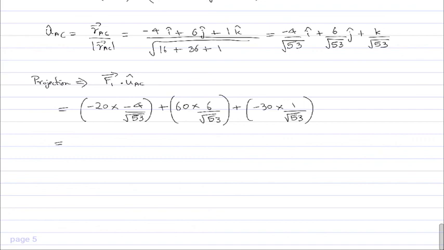When you do the math, you get that the magnitude of F1 along the line cable AC is 56.3 newtons.